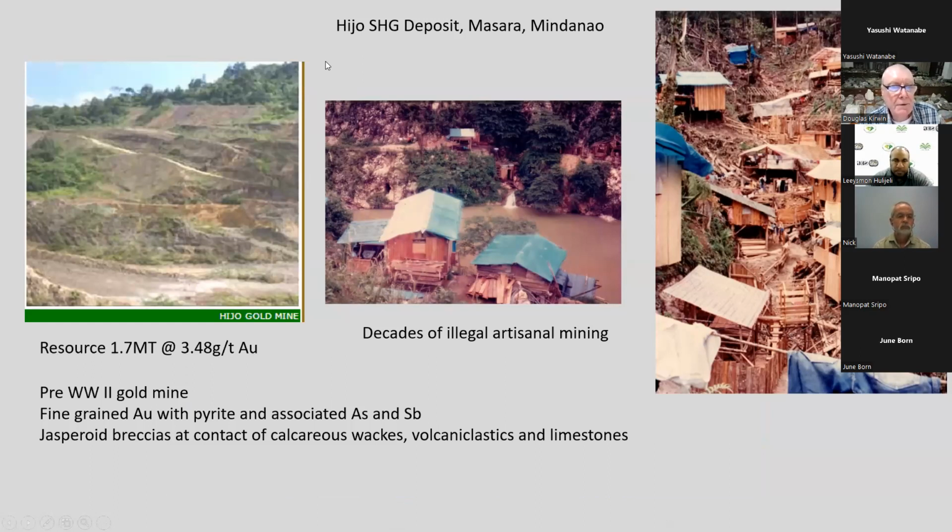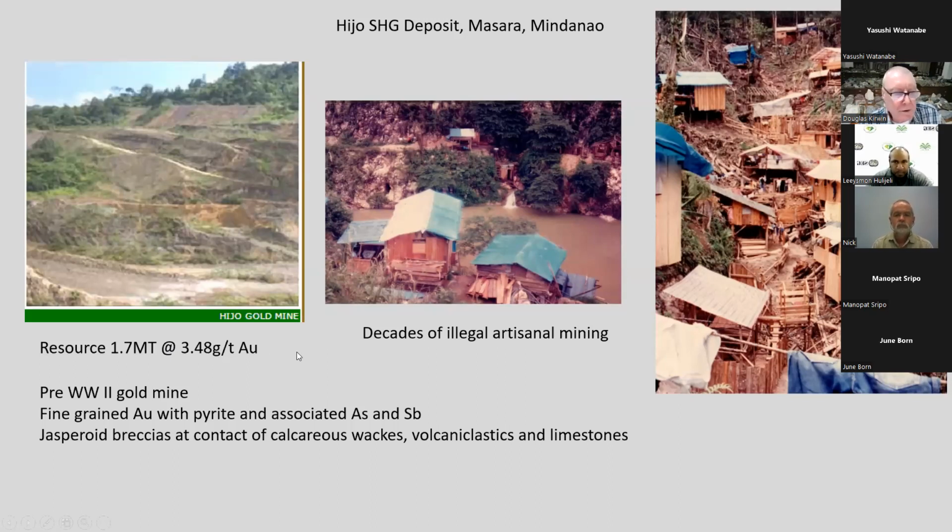These stopped during the Second World War, and since that time, they've been subjected to continual artisanal mining, which actually carries on even to this day. The main mine at Ivanhoe was in a brecciated jasperoid zone, and it had an estimated resource of around 1.7 million tonnes at 3.4 grams per tonne gold.